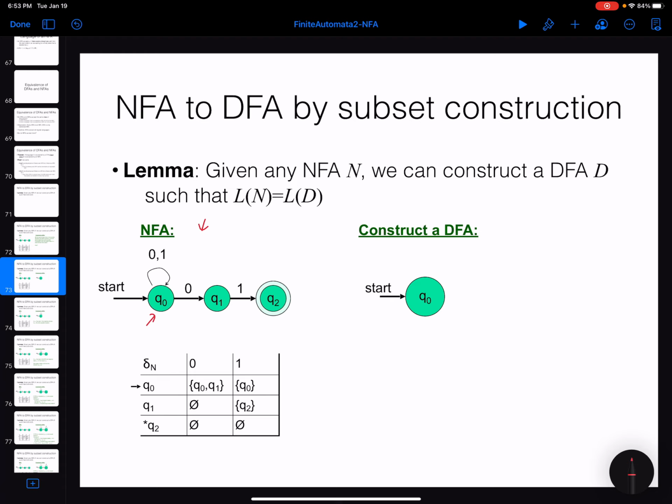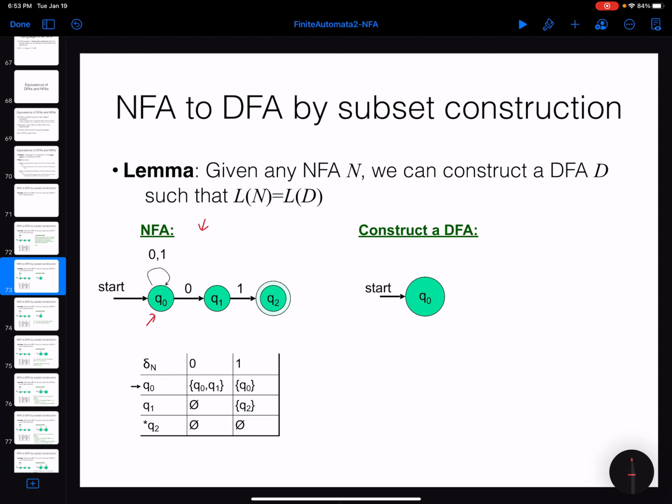But when we are doing this constructive proof, not all of them are going to be realistic. Based on your NFA, we will see that not all of these subsets are going to be useful.